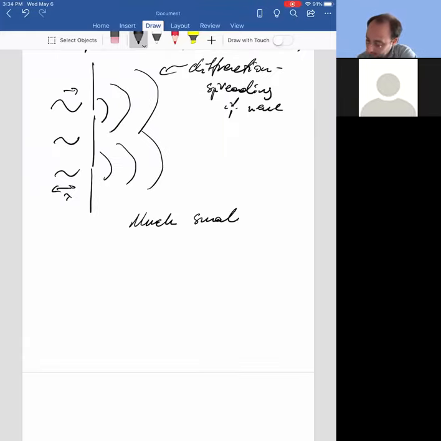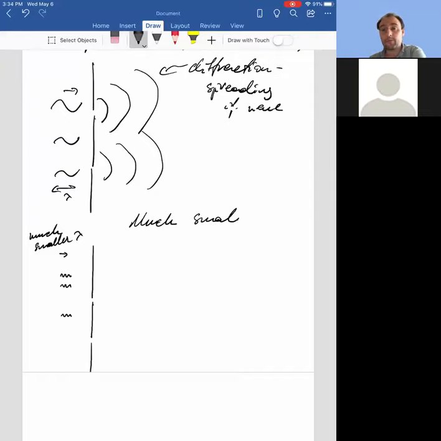Now I'm going to take waves with much smaller wavelength. Forget de Broglie, forget quantum mechanics, just waves through two slits.